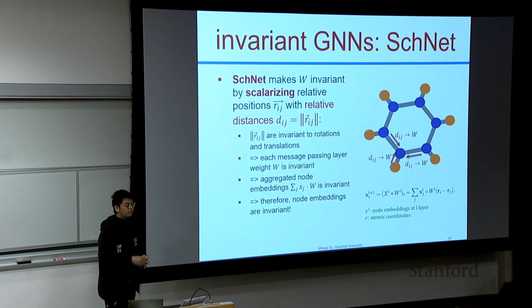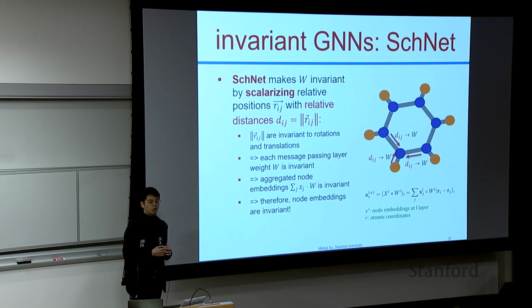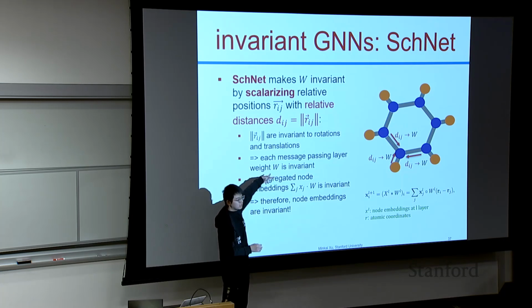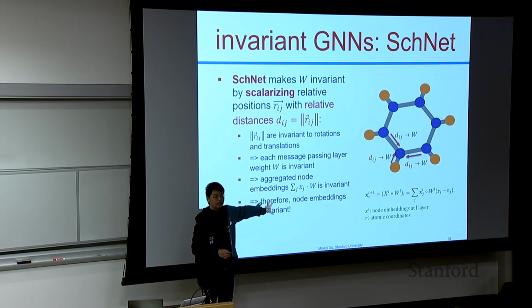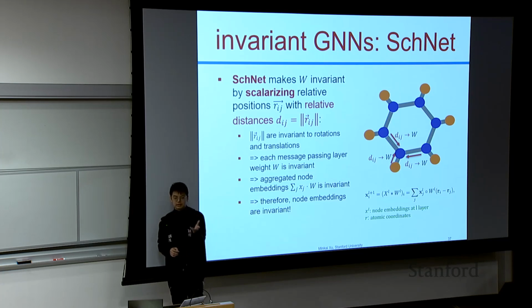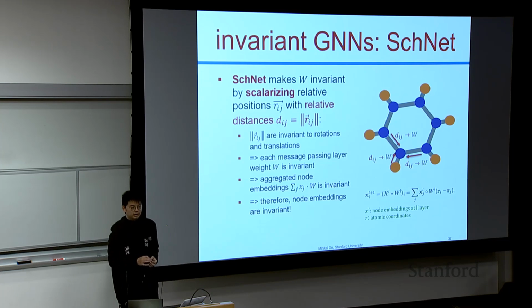The very high level idea in one sentence: no matter how we rotate and translate our structure, the inter-atomic distances never change. So this kind of graph neural network just takes the distance as the edge feature, which never changes under rotation and translation.